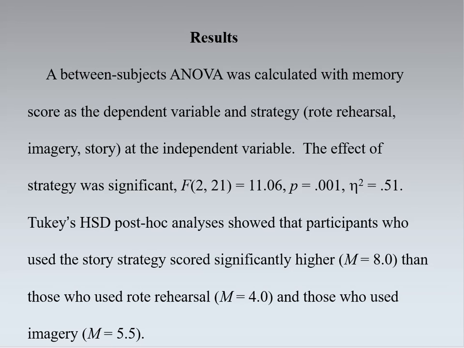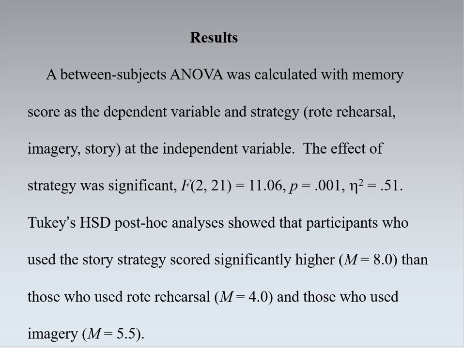The effect of strategy was significant, and we put our F, as we just did on the last slide, comma 2, 21 equals 11.06, p equals 0.001, eta squared equals 0.51, and then we go for our post hoc.